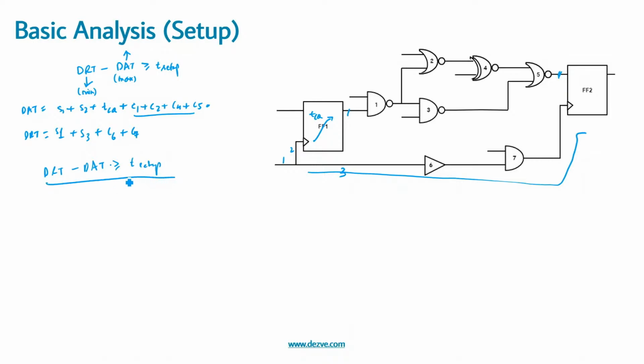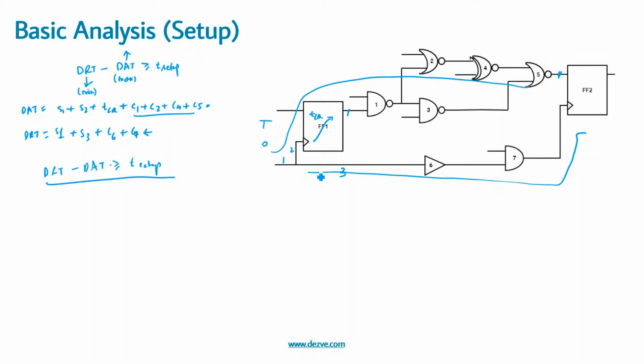This is fine. Now the point is, is this computation correct? This is not correct. Why? Because we have said that our setup analysis occurs on the subsequent clocks, correct? So suppose we assume that this particular path was launched at clock 0, at time t0, and the clock period was t, correct?